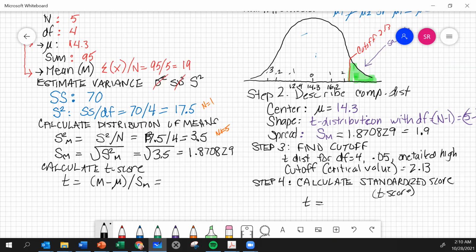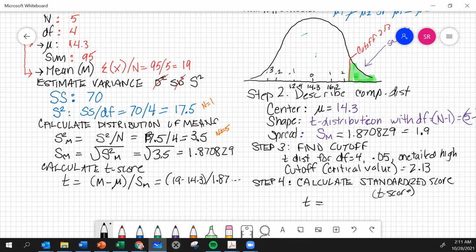And that in turn will equal our sample mean was 19. Our population mean was 14.3 divided by this big long number, 1.87... I'm going to use that whole number for my calculation, but I'm not writing it here because I ran out of space.